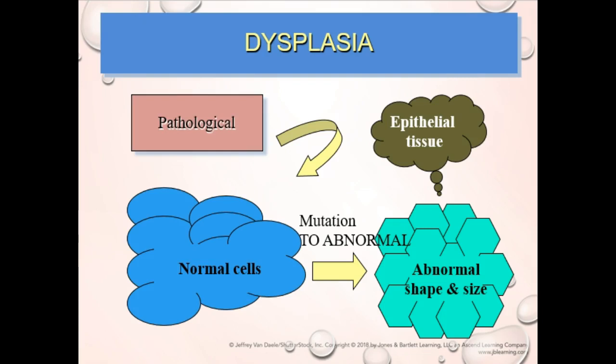Okay, so not only can we increase the number, or have hyperplasia within those cells, we can also have a mutation of the cells to an abnormal shape and size. Okay, quite often it could be dysplastic, could be precancerous. It doesn't always have to be precancerous. Okay, so abnormal shape and size.